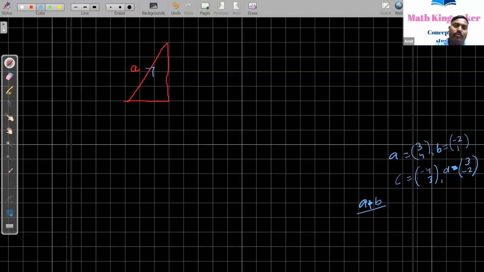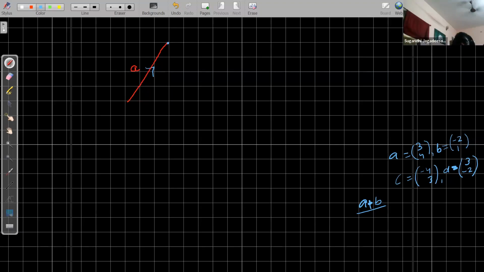First of all, you have to draw A. So A is 3, 4. You have to erase this line, don't keep it, keep only that A. Okay, good. So it is now 3, 4. Now draw that B. You have to start it from here only.